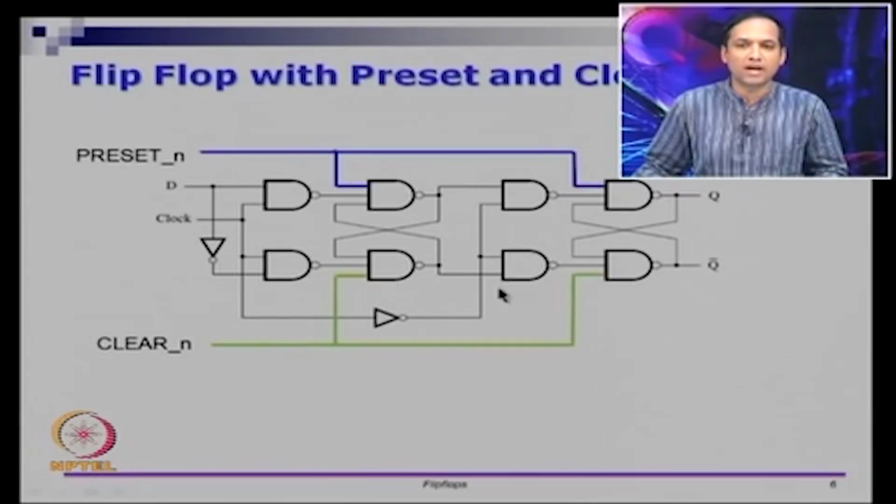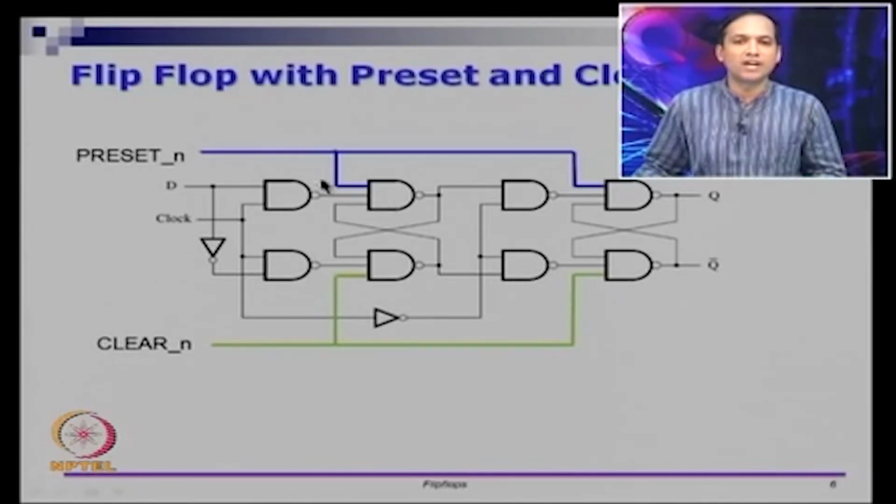This part is a gated SR latch, this part is also a gated SR latch, and before the gated SR latch there is a common D that is coming to both. So, this part is a D latch. You have a D latch followed by a gated SR latch here, alright.